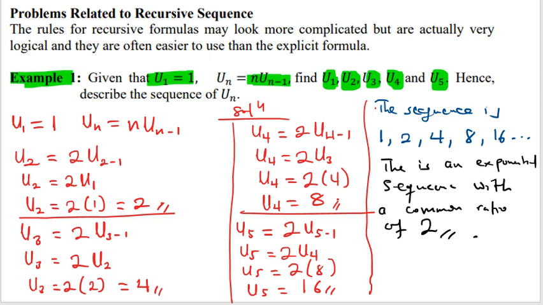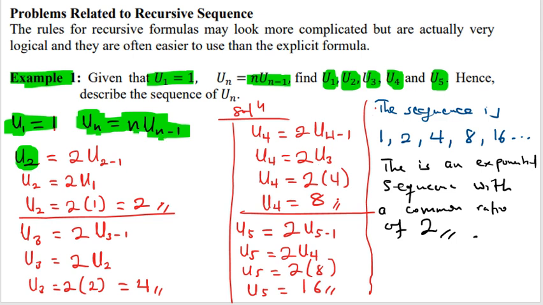So let us start. We have been given our first term in the question, and we have been given the nth term, which has been defined recursively. Since we already know u1, we will start with u2. So u2 means wherever you see n, put 2 there.